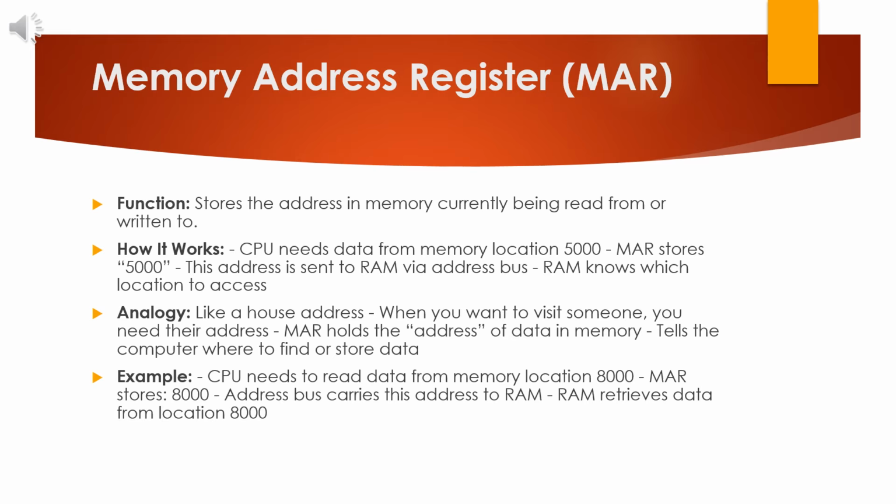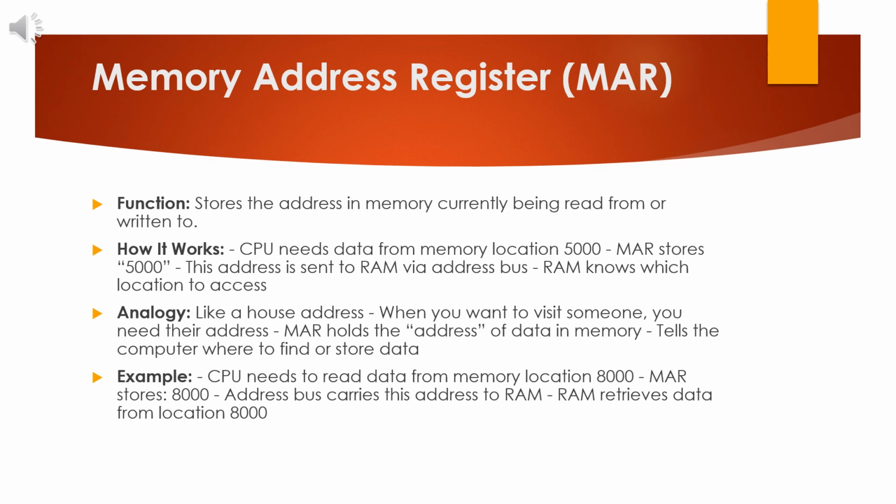A simple analogy for this is a house address. If you want to visit a friend, you need their specific house number to find them. The MAR holds that house number for data in the memory, telling the computer exactly where to find or store information.